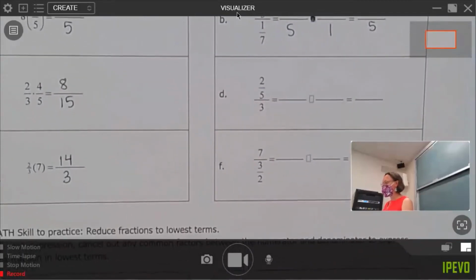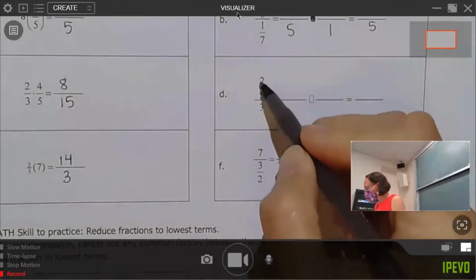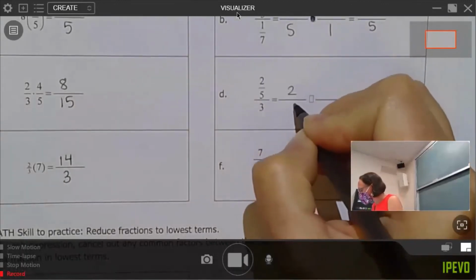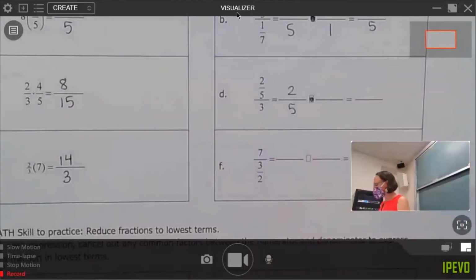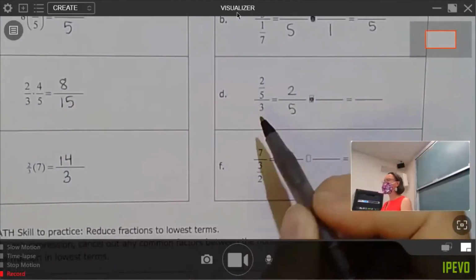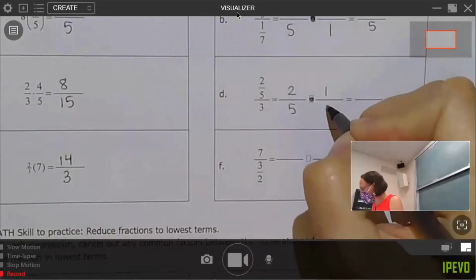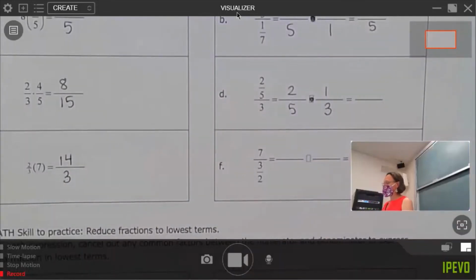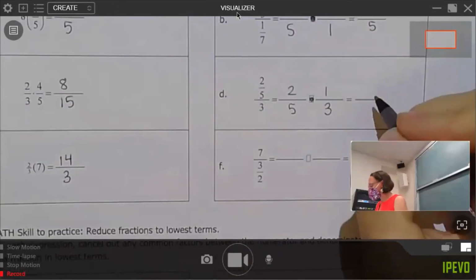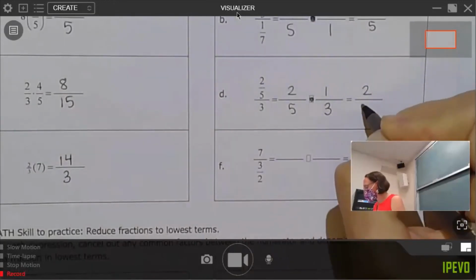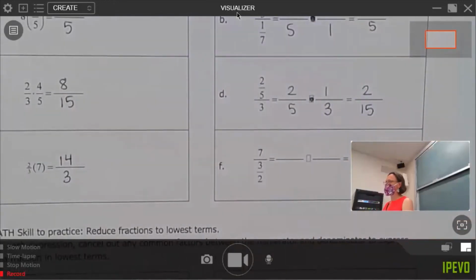Looking at that next one, my numerator is 2/5, so I'll go ahead and copy that down, times, since that 3 is in the denominator, when I rewrite it as a fraction, it's going to stay in the denominator. Multiply straight across, I have 2. Multiply straight across, I have 15.